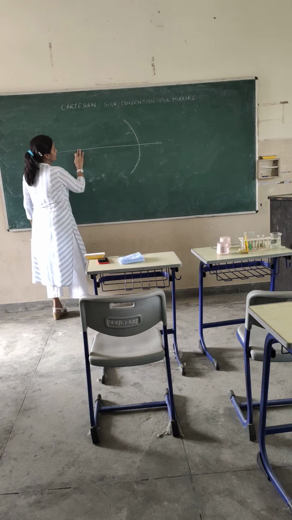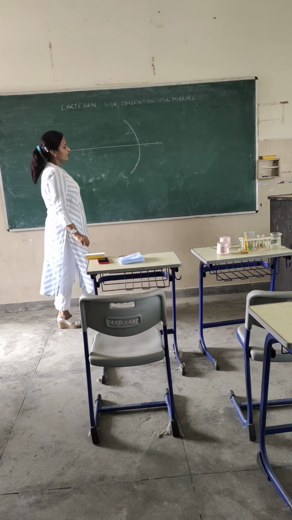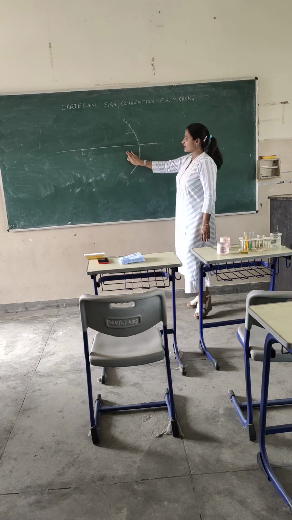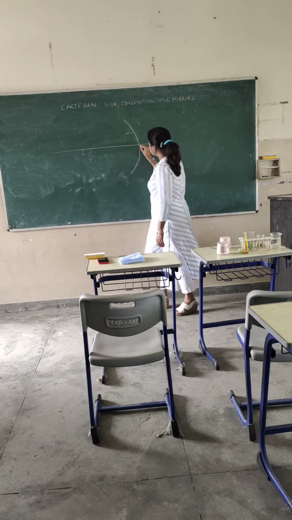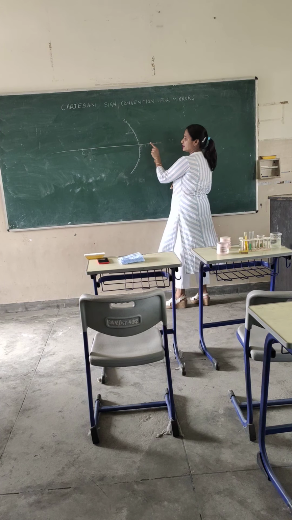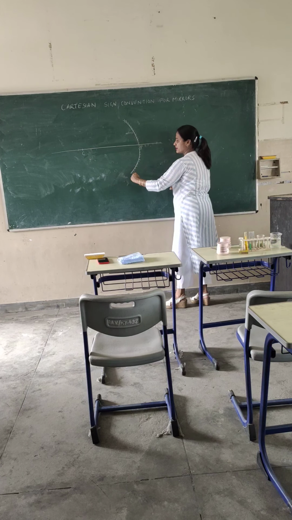If this is the center of curvature, we are taking it for the sake of doing the example. The point where the principal axis touches the mirror is the pole, which is supposed to be the geometrical center of the mirror.